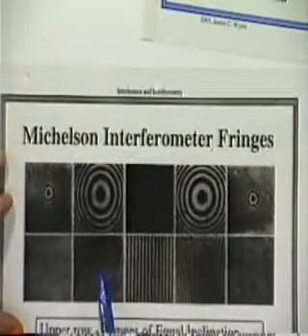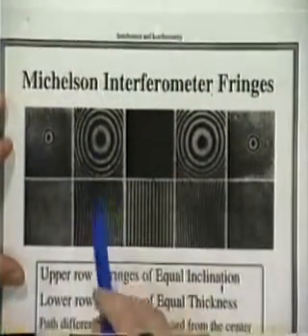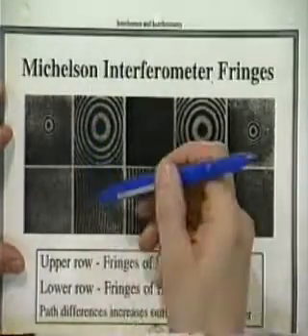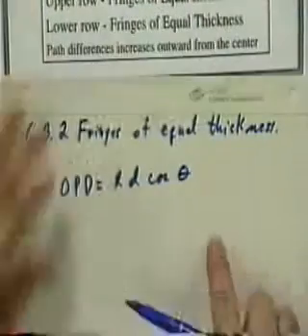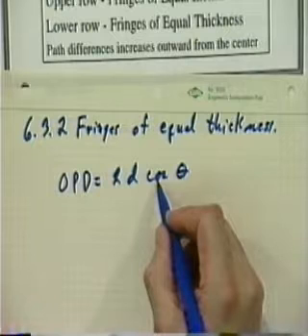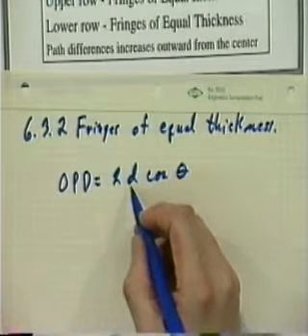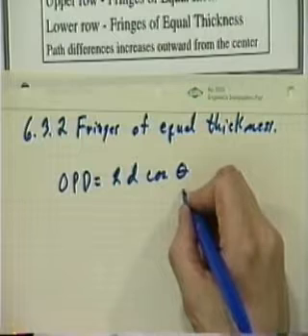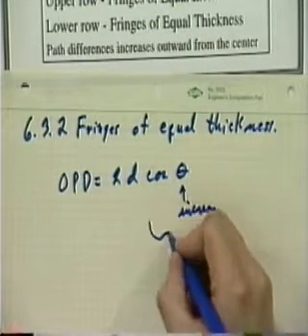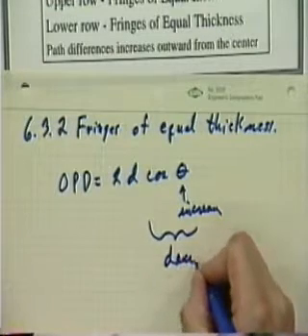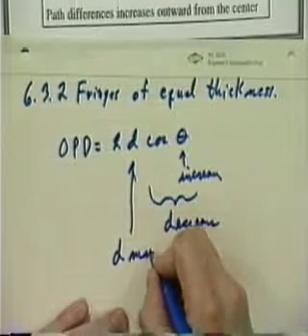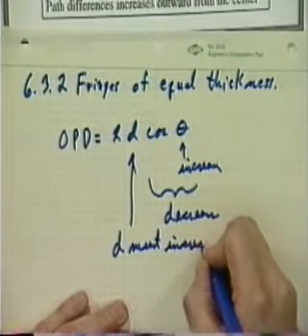As I'm looking, theta is 0, say right in the center here. As I look up here, theta increases. Or if I go down here, theta increases. So theta increases, cosine theta decreases, so for a given fringe, d must increase.